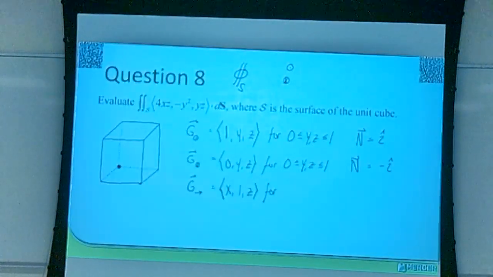X is still 0. What's Z? Also 0. And what is the normal vector? It's j.